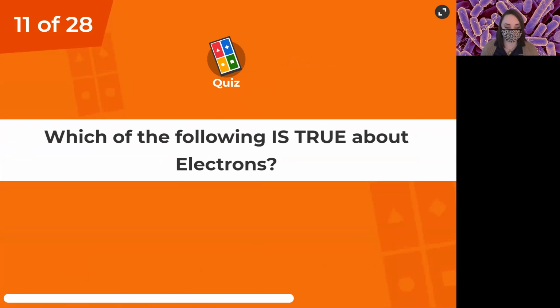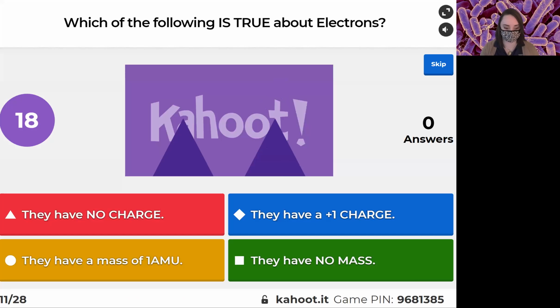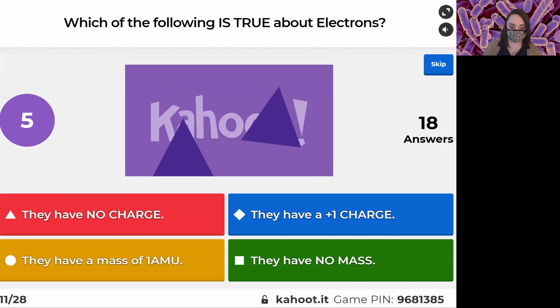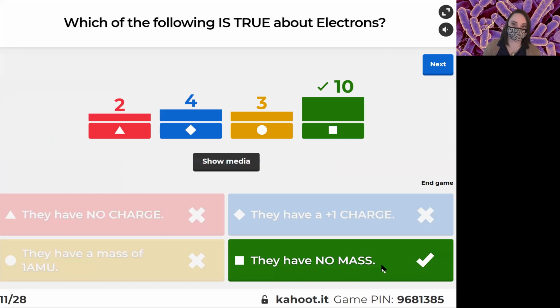What's true about electrons? Good. So electrons' mass, if you remember, is so small we don't really count it. So we just say they have no mass and they have a -1 charge.